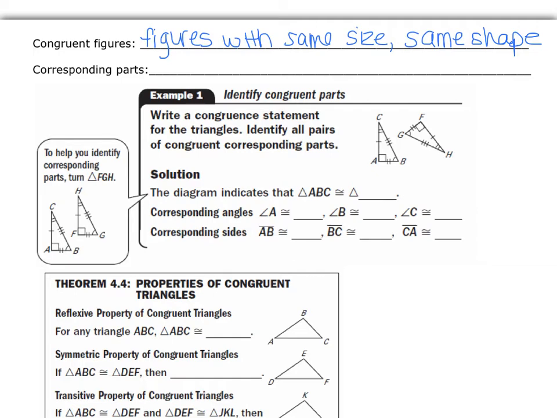So remember when they say that they're corresponding, it means that they're kind of in the same position. So it's all the angles and all the sides of congruent figures.